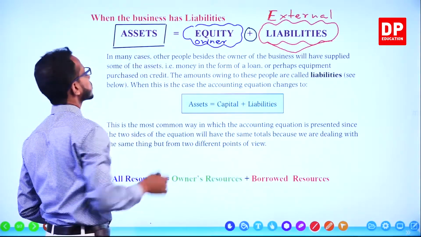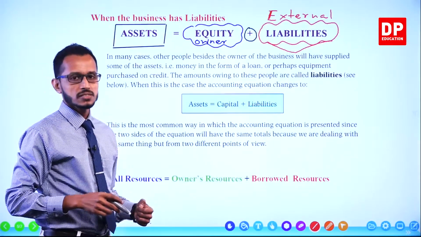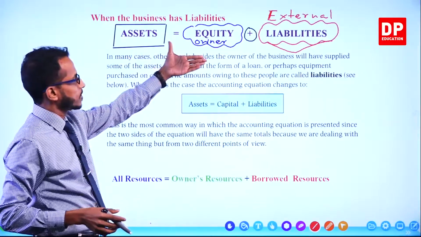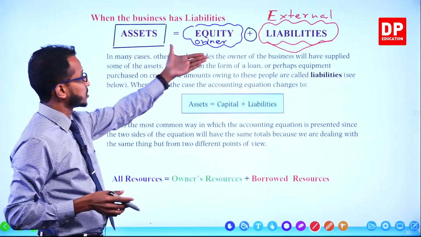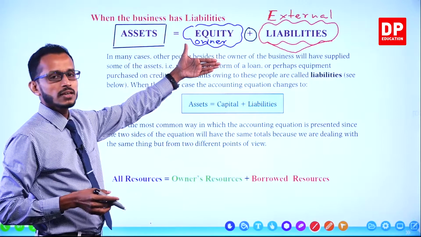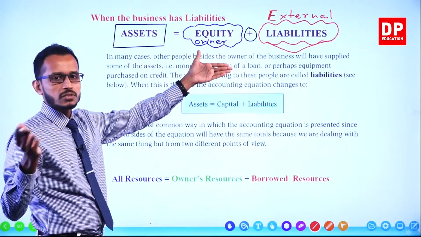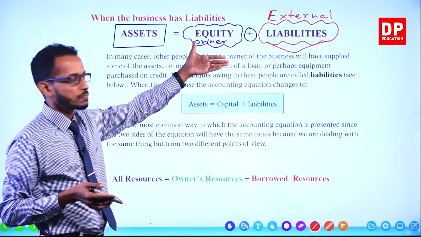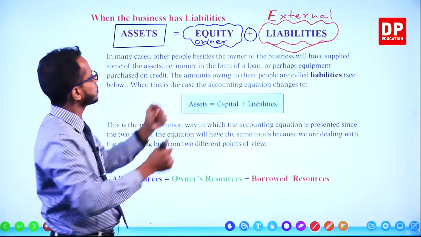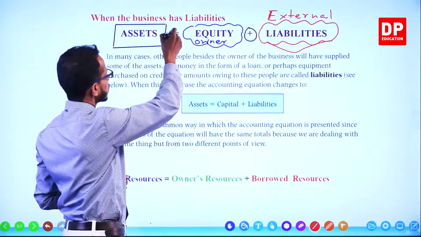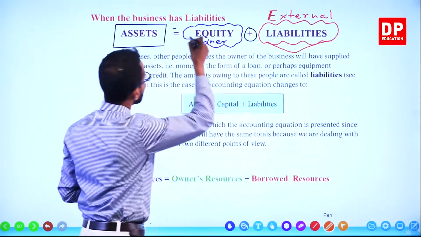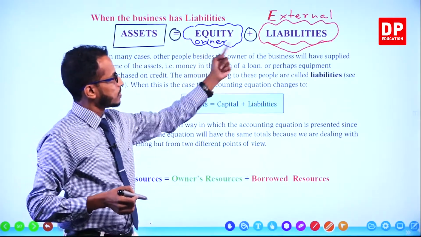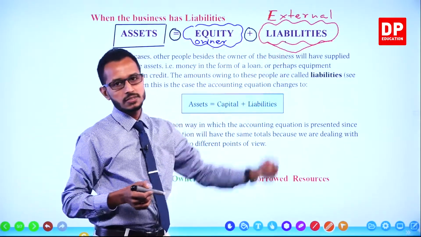That is what this equation shows. This is the most common version of the equation: assets equals equity plus liabilities.